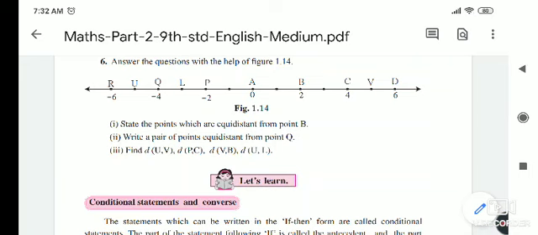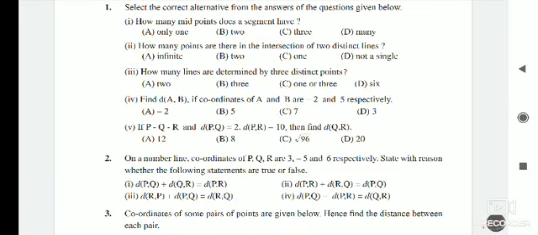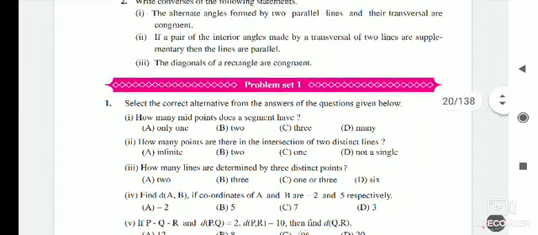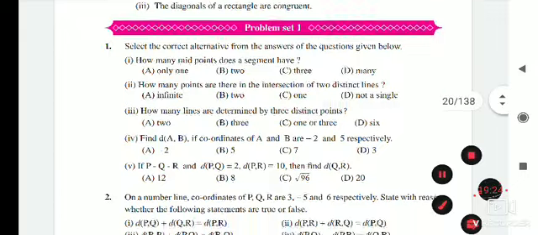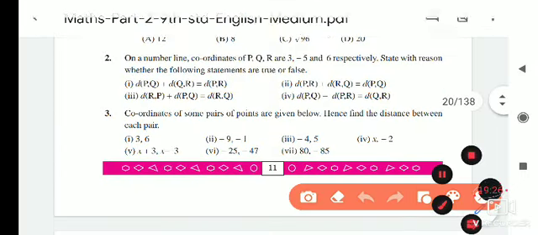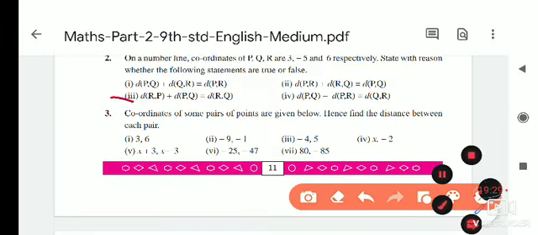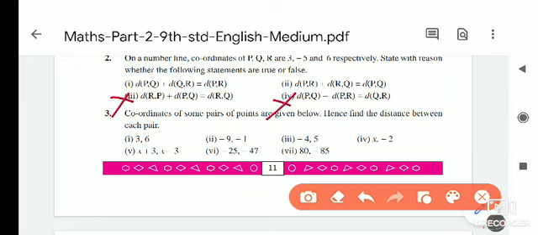Okay, now after that, page number 11. From page number 11, in the problem set, question number 2nd, 3rd and 4th questions are cancelled from the syllabus. So this is 3rd and this is 4th.